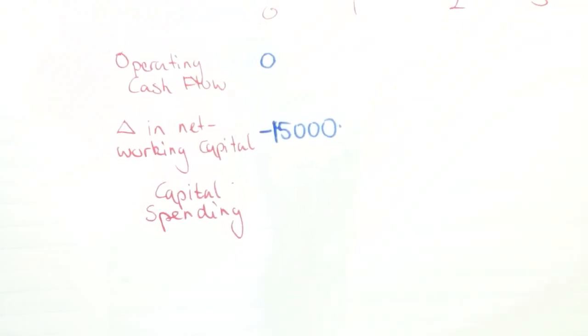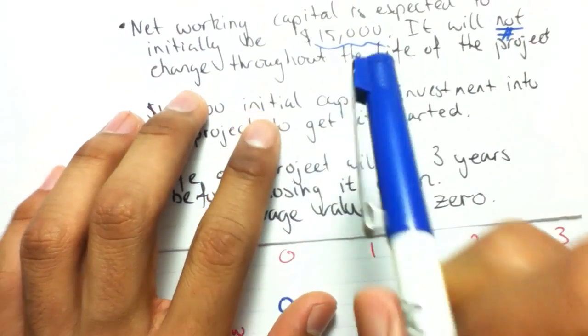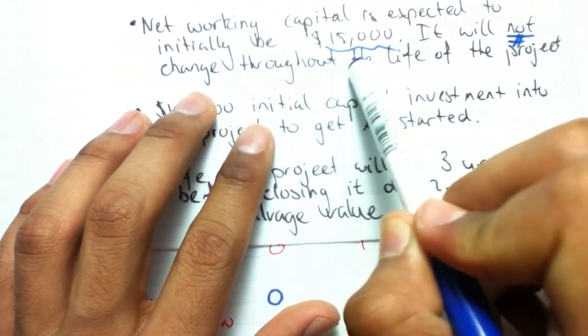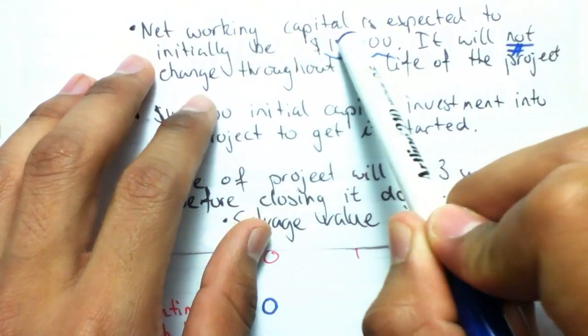Okay, because today, what we've done, and I'm just trying to find the sheet, here we go. Today, net working capital is expected to initially be $15,000. Okay, so we've injected some cash into this project at a value of $15,000 in the form of net working capital.